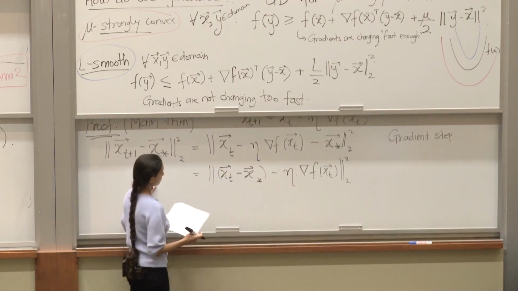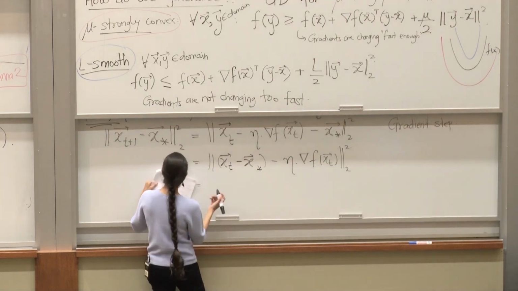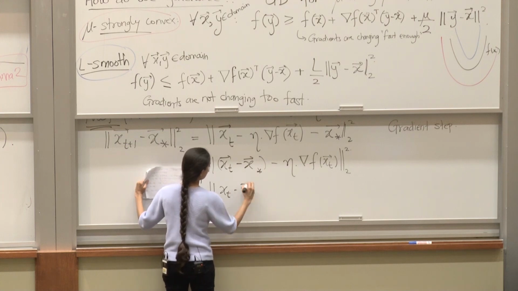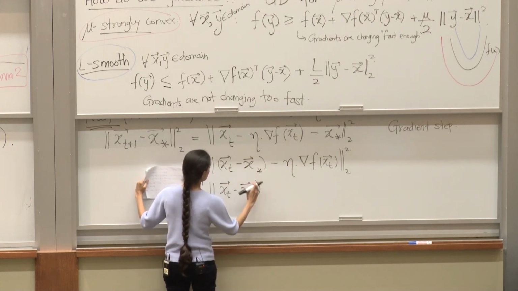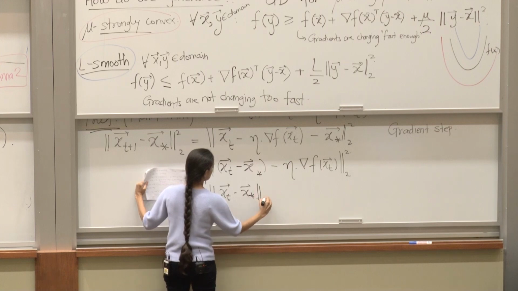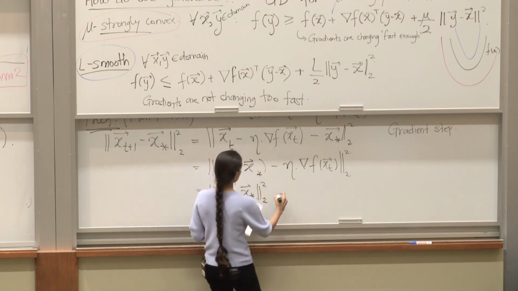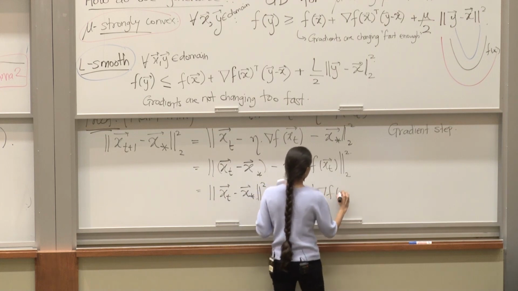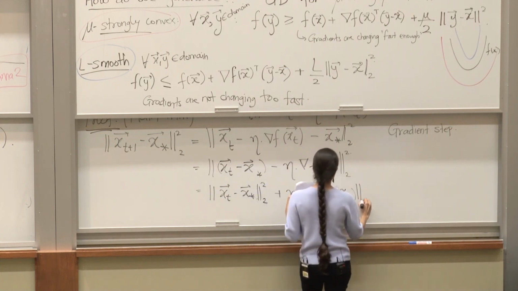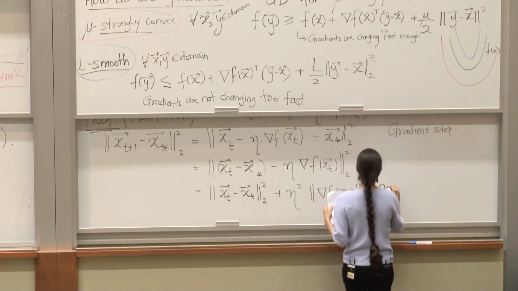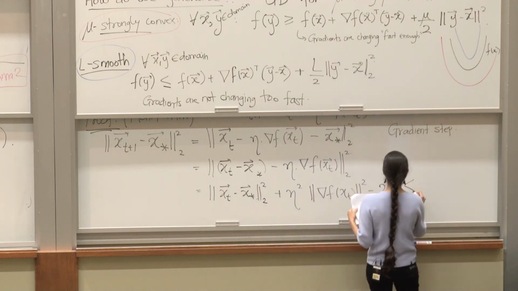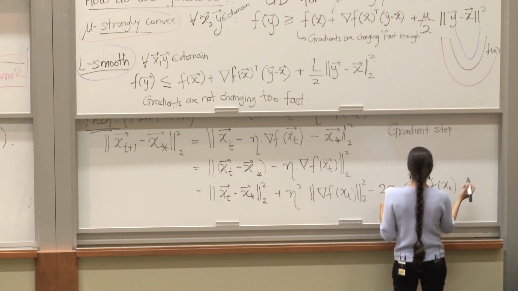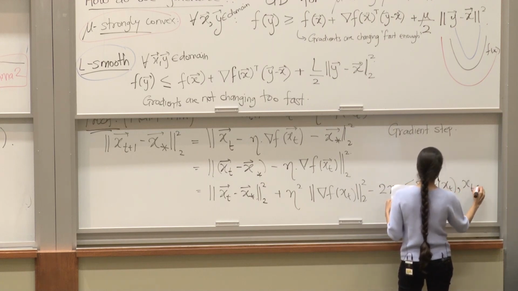So I can write this as further equal to xt minus x star, whole squared, plus eta squared times the gradient of f of xt, whole squared, minus 2 eta times the inner product between the gradient of f of xt and xt minus x star.